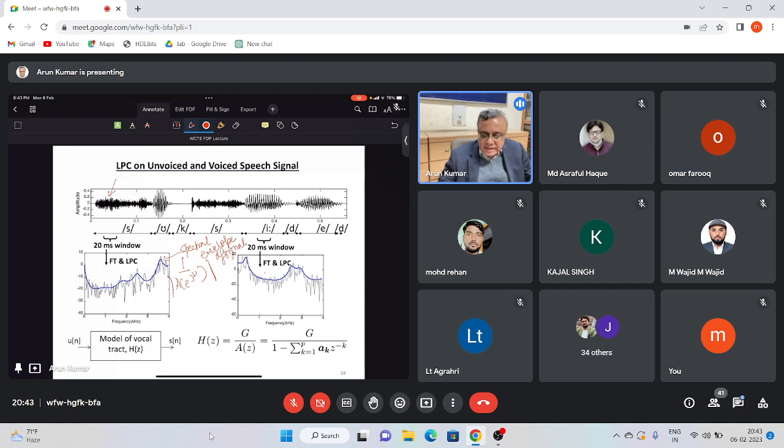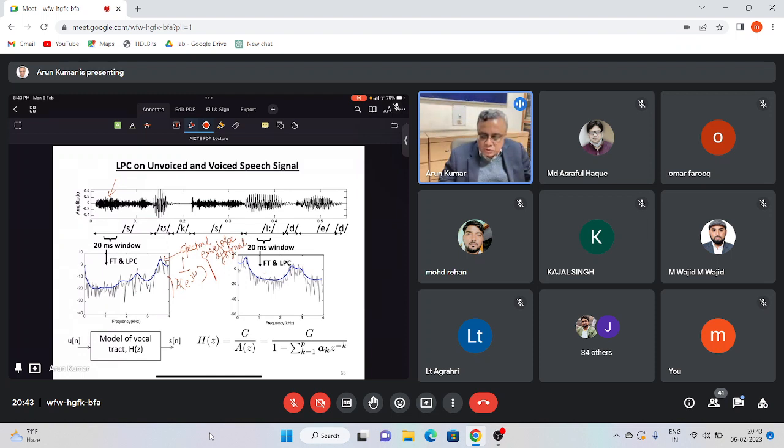Likewise, on the right hand side, we have taken a voiced speech signal, the vowel utterance E, for which the linear prediction analysis has been done, and we plot the Fourier transform of the short duration signal of 20 milliseconds in black, and on it we have superimposed the frequency response of the vocal tract filter, which has been determined from linear prediction analysis.